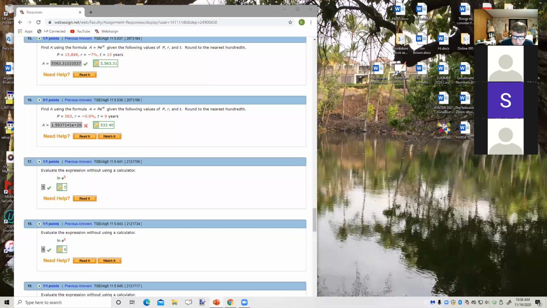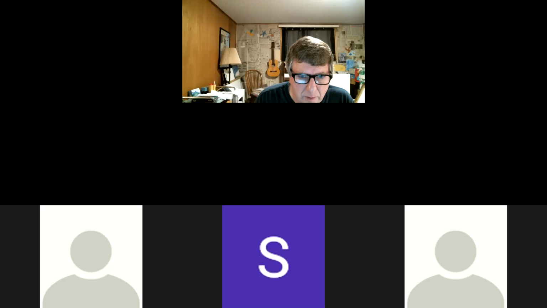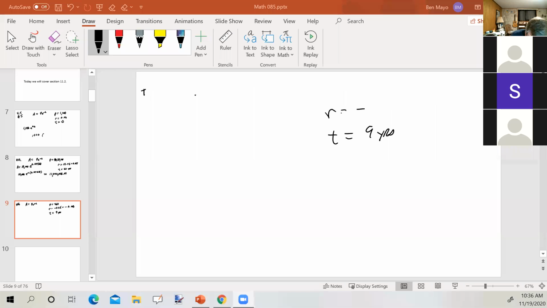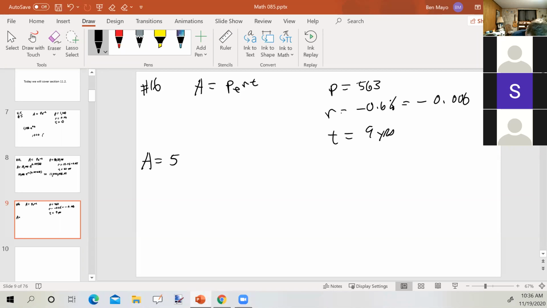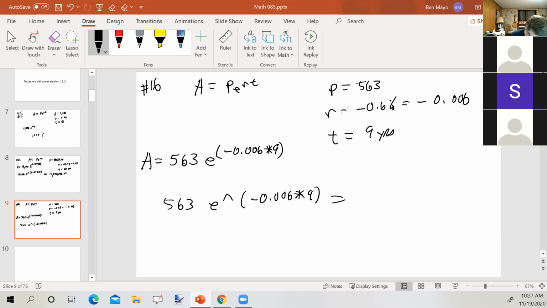So plugging the numbers in, A equals 563 e to the negative 0.006 times 9. So on my calculator, 563 second e to the x, negative 0.006 times 9, close it up, equals.